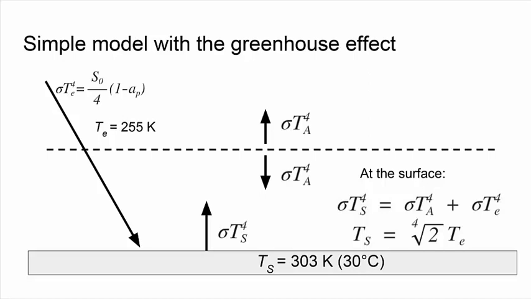And then, because the atmosphere radiates both upward and downward in the long wave or infrared radiation, the surface now has, in addition to the solar radiation coming in, the atmosphere radiating infrared radiation back downwards as well. You have to take this into account, and that's what causes the temperature at the surface to go up to what we had before.